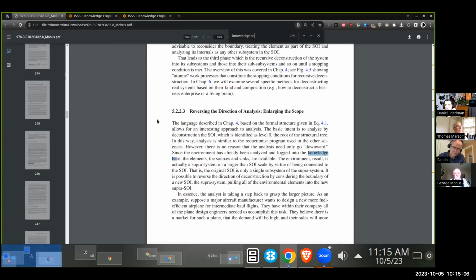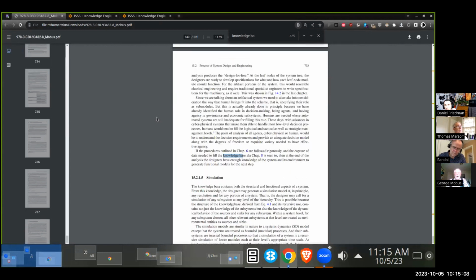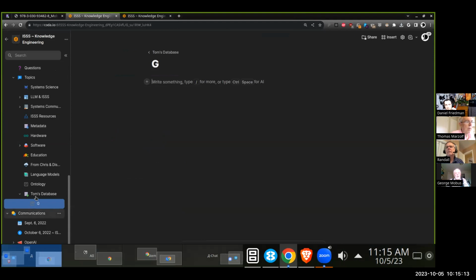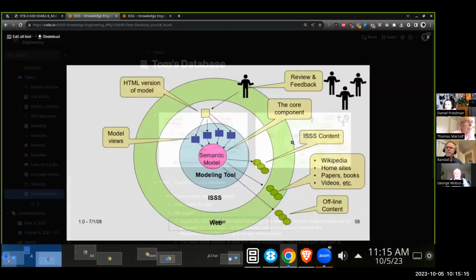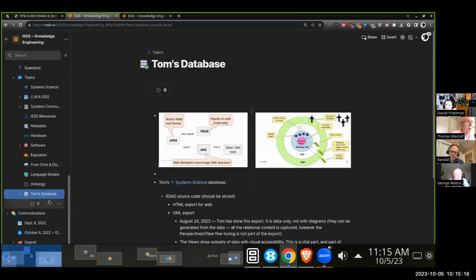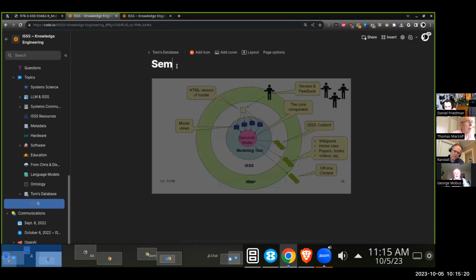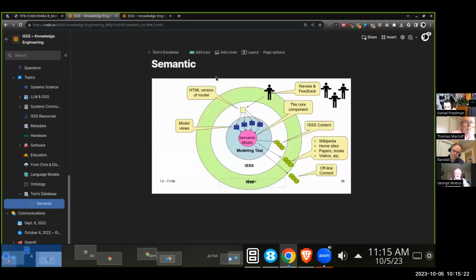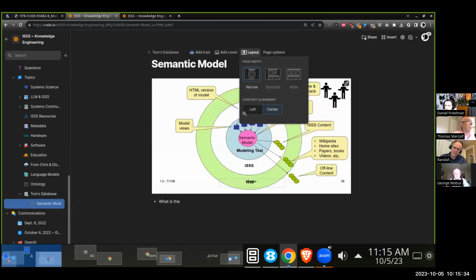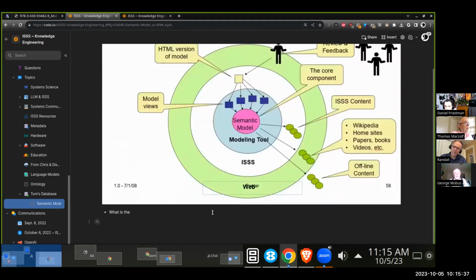But I'd like Tom to tell us a little bit more about the semantic model and what that means. What all is involved in the semantic model? Because in my version, it really is defined by that set theoretic equation, or formula, I should say. And so I'm curious to know more about what's in the semantic model.